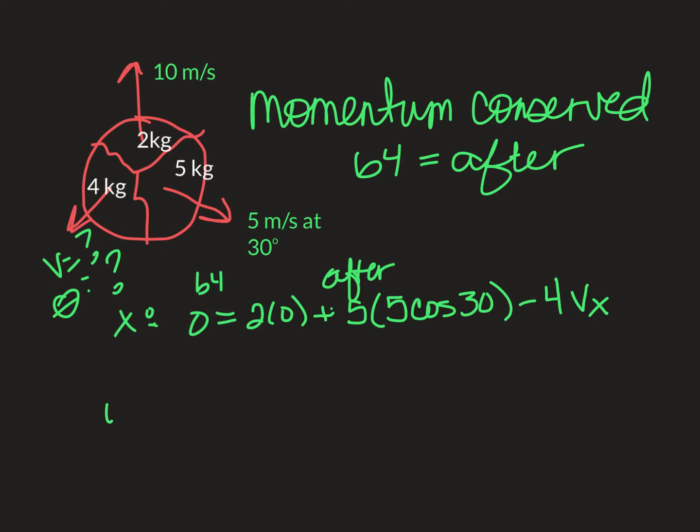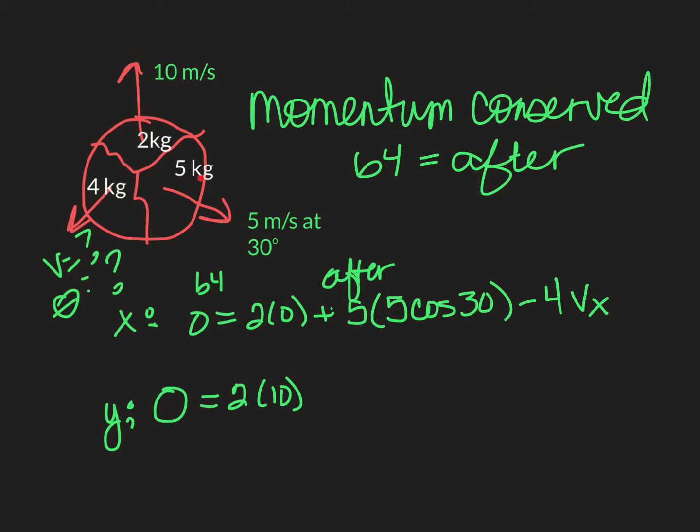All right, in the Y direction, we have 0 before. And then after, we have that 2 kilogram piece. Now it's going 10 meters per second straight up. And do you see the 5 and 4 kilogram pieces here are going down?